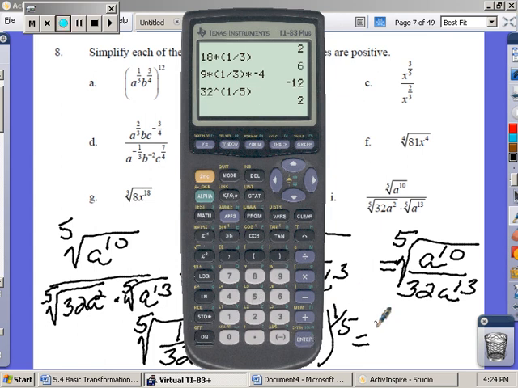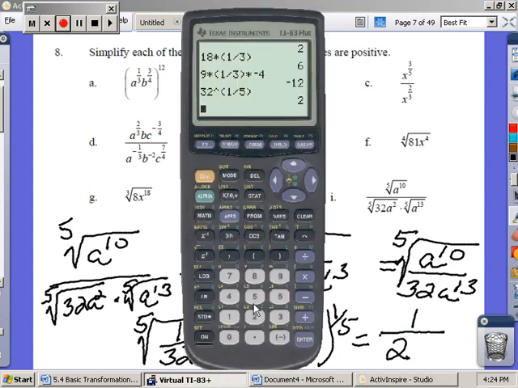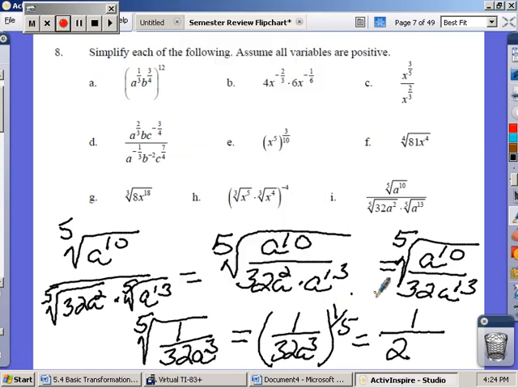I get 2. So my base is 2. Then multiply 3 times parentheses 1 divided by 5 parentheses. Enter, you get 0.6. Math, enter, enter, and you get 3/5. So a is raised to the 3/5. 1 over 2a to the 3/5.